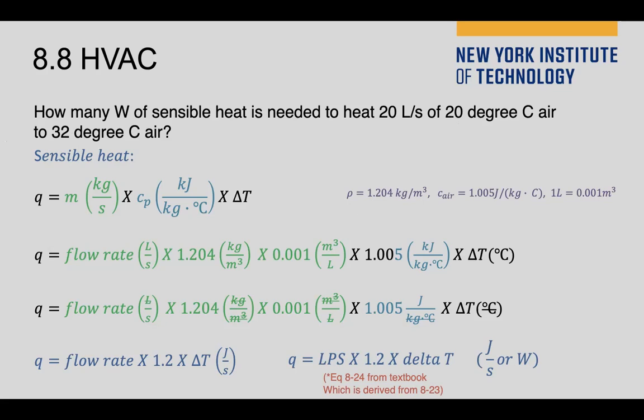That is MC delta T. When we know the formula we apply is MC delta T, which is a mass flow rate, how can we transform this MC delta T to the volumetric flow rate? Because what we are given is a volumetric flow rate rather than a mass flow rate.